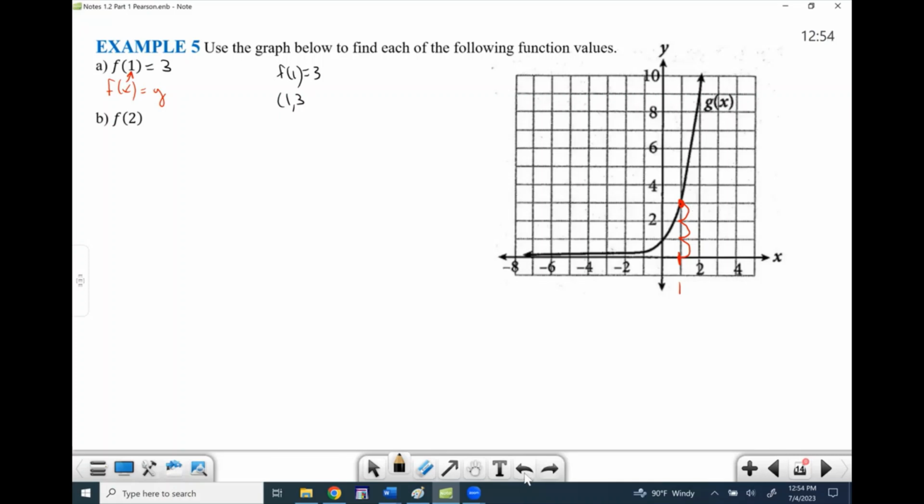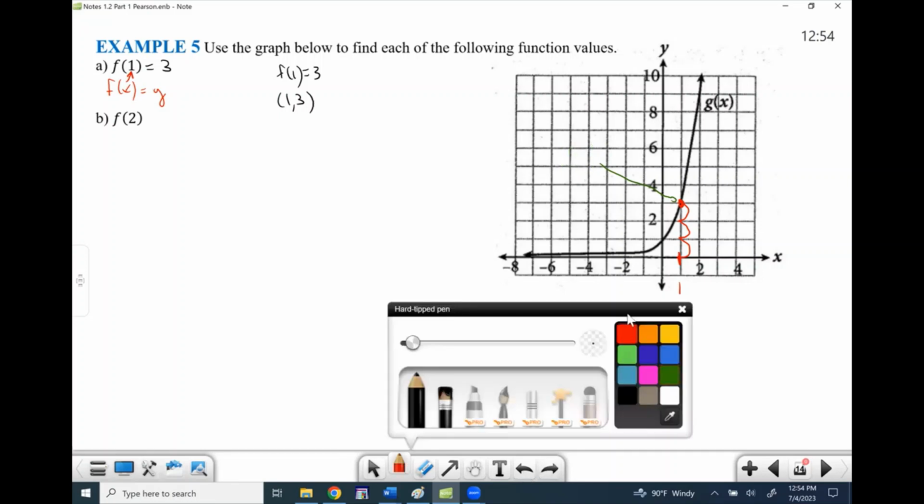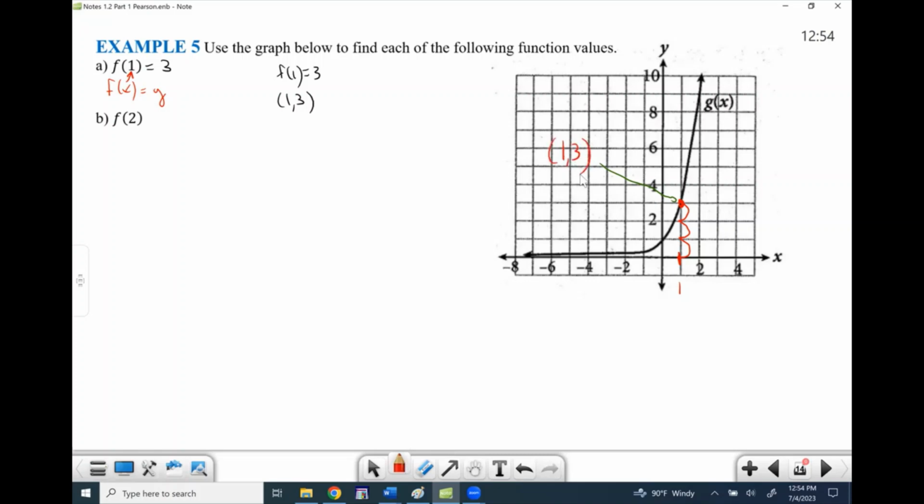Let me actually do that on the other side. Wait, I should have done it in red. You can barely see it. There we go. Okay, so now for the second one, again, f of x equals y. They're giving us x is 2. So if we go to where x is 2 and we find the y value, 1, 2, 3, 4, 5, 6, 7, 8, 9.